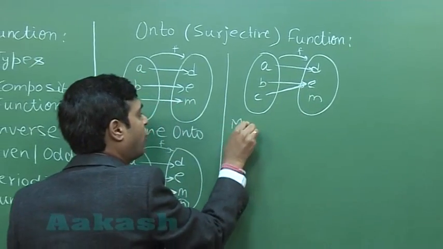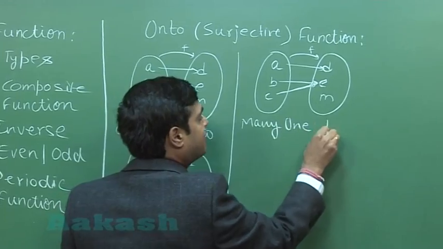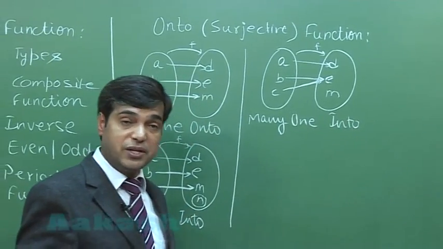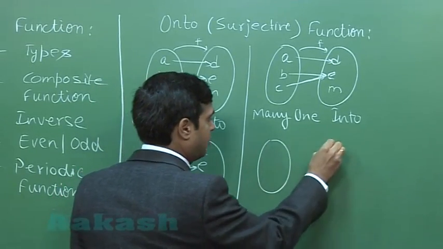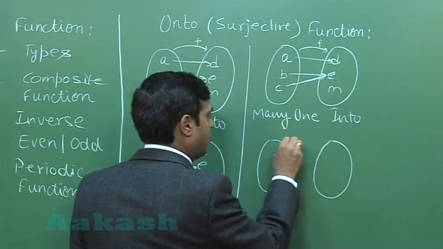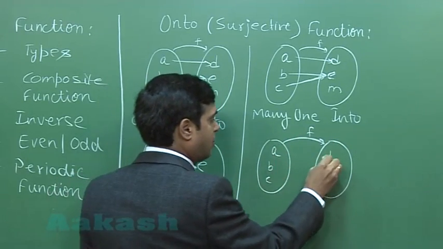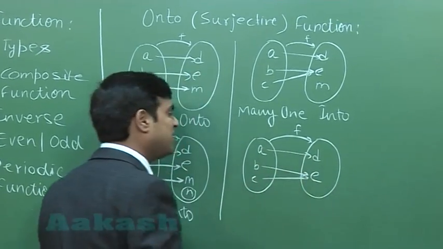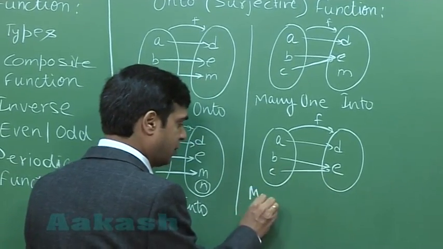This function was not 1, 1, we called it many 1, and this is also not onto because there is one unassociated element, so this is into. Now this function is not 1, 1, it is many 1.